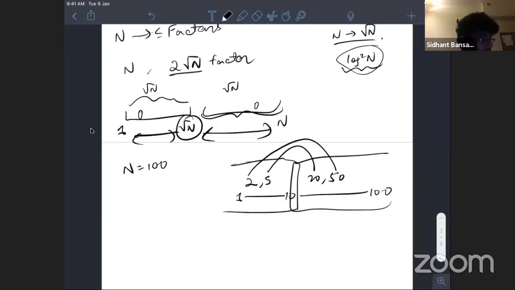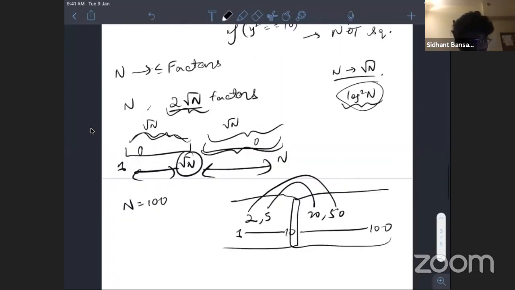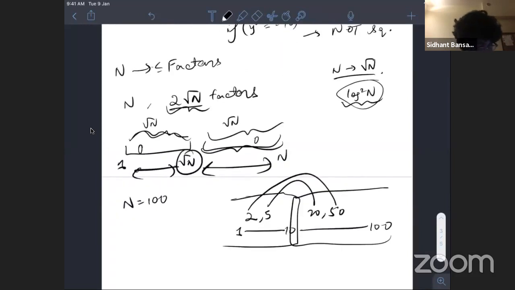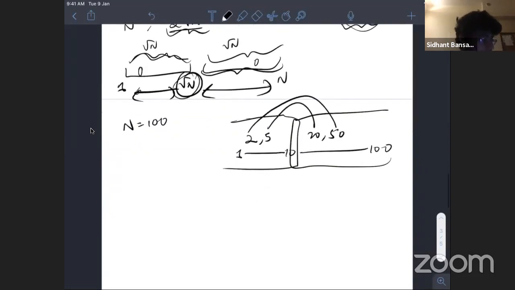So if you want to have almost 2 square root n factors of a number, you need to have square root n factors here and square root n factors here. It's not easy to come up with a number which has all the numbers up till root n as factors. Let's take an example, let's say n equals 3600.